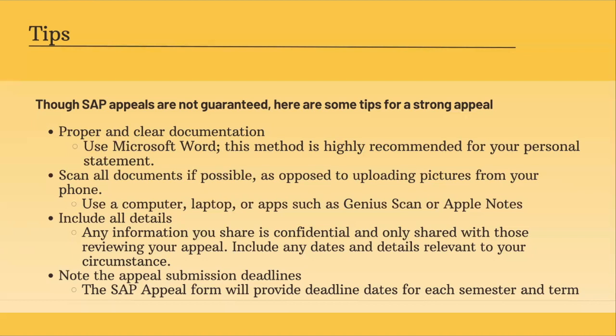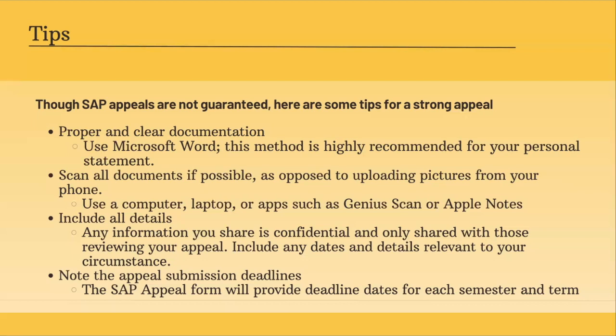Include all details. Any information you share is confidential and only shared with those reviewing your appeal. So include any dates, any details relevant to your circumstances, and make sure you highlight this occurred during the semester that you were having your difficulties.